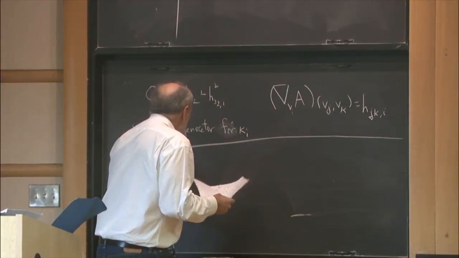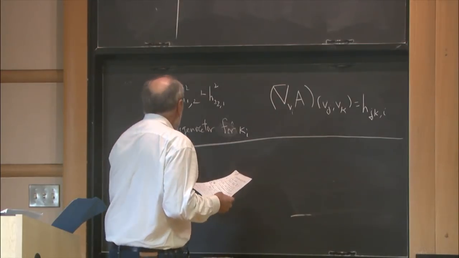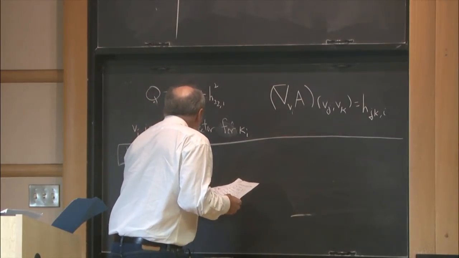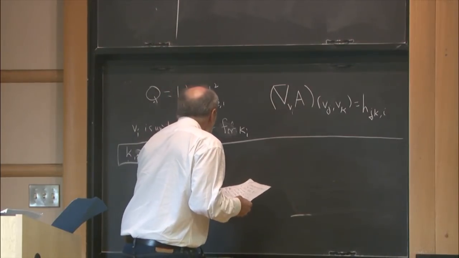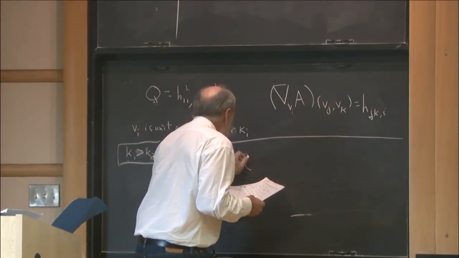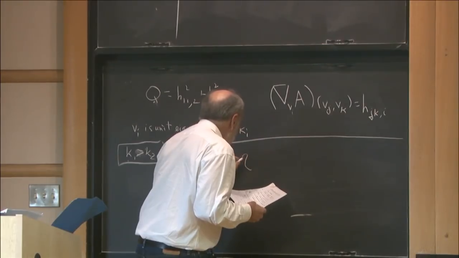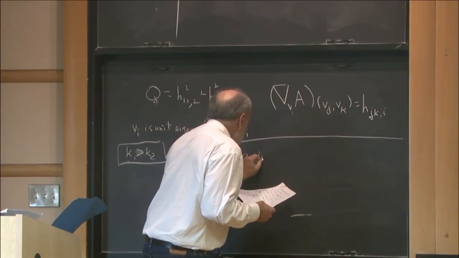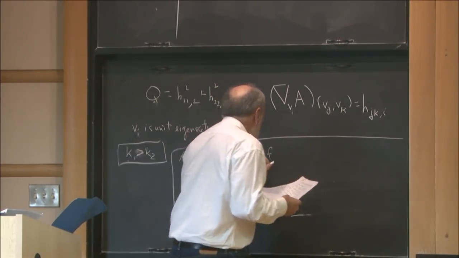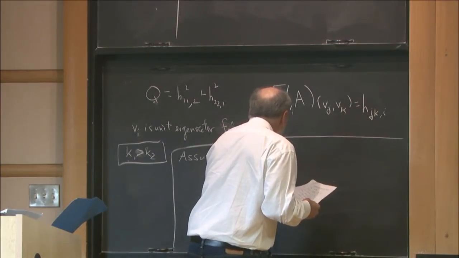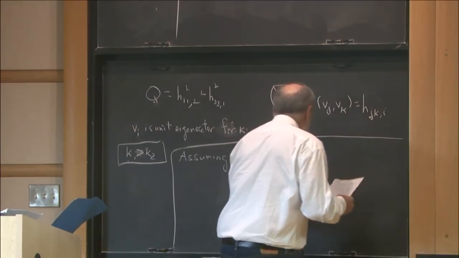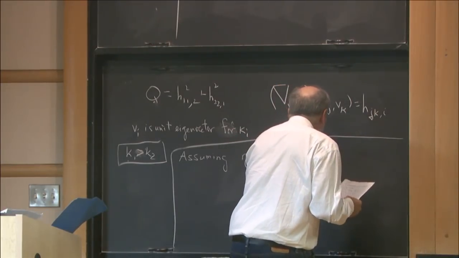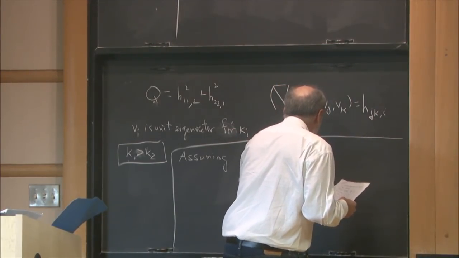The first thing I'm going to show is that, assuming we have failure, eta, which equals the infimum of this quantity 1 plus K1 over K2, is, well, that quantity is always positive.